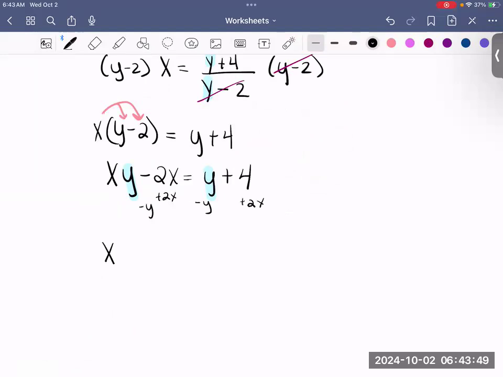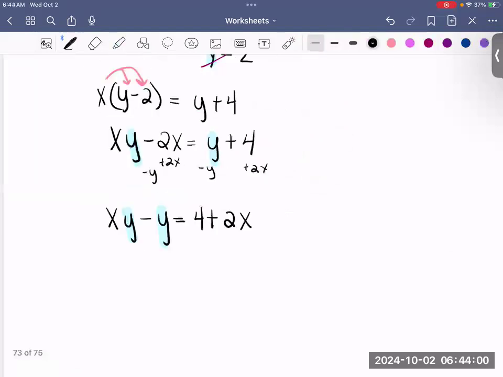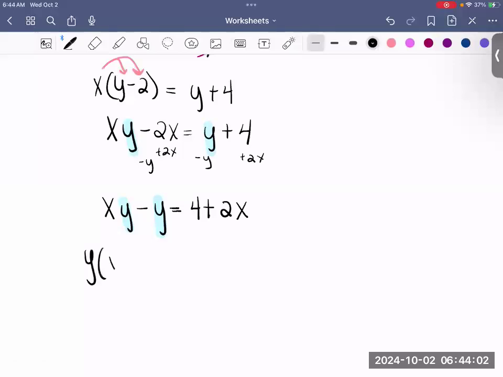So xy minus y is equal to 4 plus 2x. And again, we have 2 of something, so we get to factor out your y, leaving behind x minus 1. If you don't know how to factor, please see some of those factoring videos or chapter 1.3.